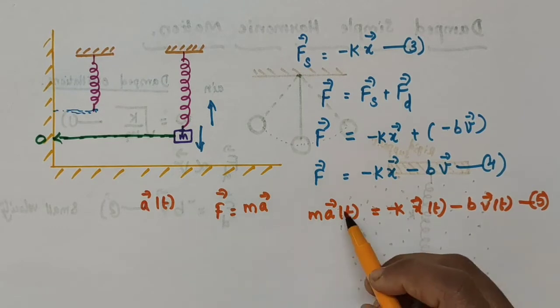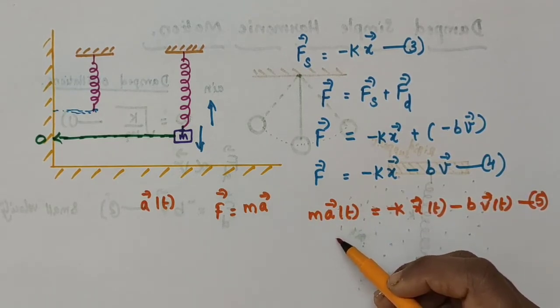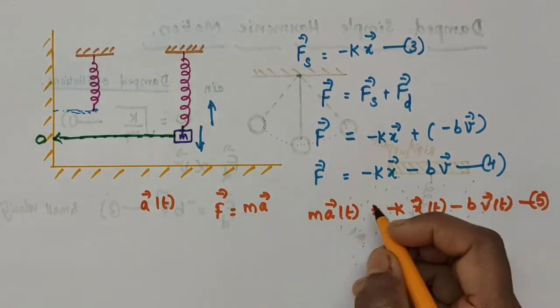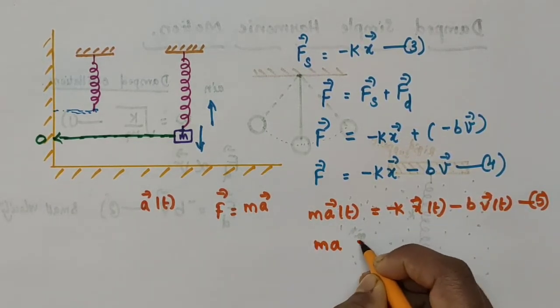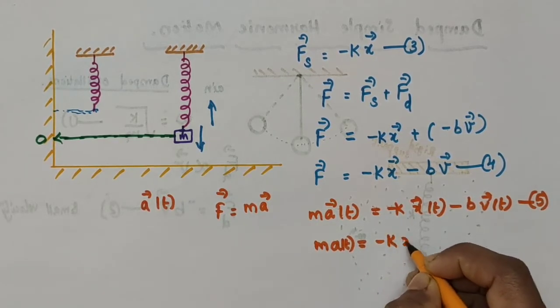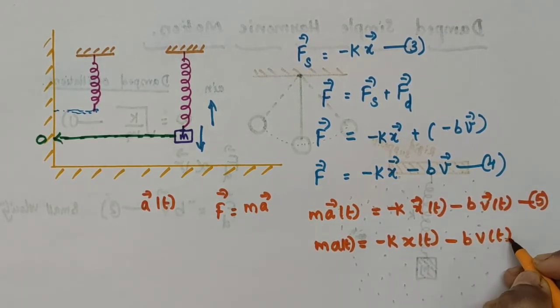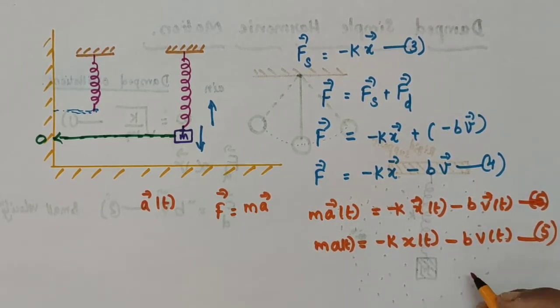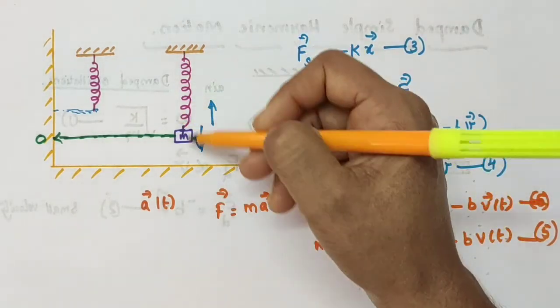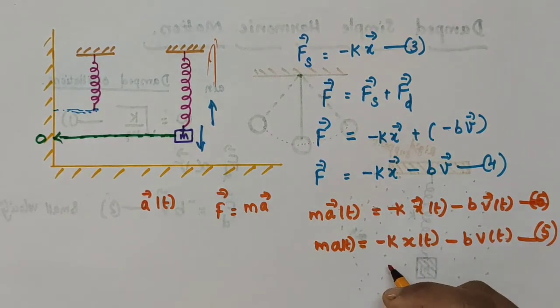Vector A of t is the acceleration of the mass at any time t. Without using the vector sign, we can write m into A of t is equal to minus k into x of t minus b into v of t. I'm taking this as equation number 5. Here we haven't used the vector sign because we are talking about the one-dimensional motion of the system. That is why we dropped the vector notation here.